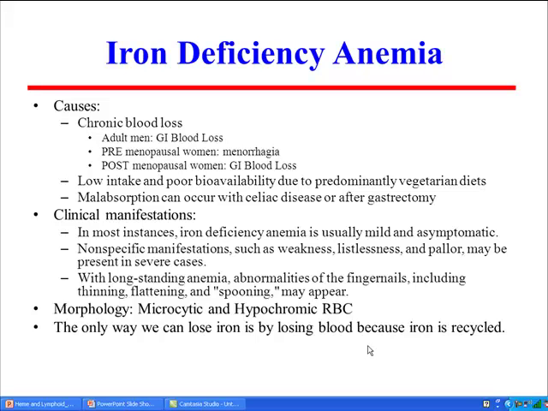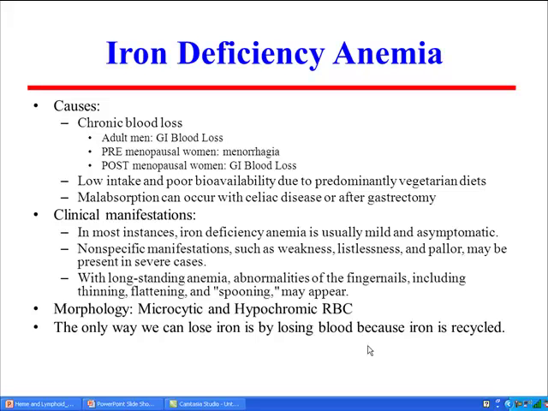In adult men, normally the most common cause of chronic blood loss would be blood loss from the GI tract. In premenopausal women, it's usually due to heavy menstrual periods, and in postmenopausal women, it's due to blood loss again from somewhere along the GI tract.